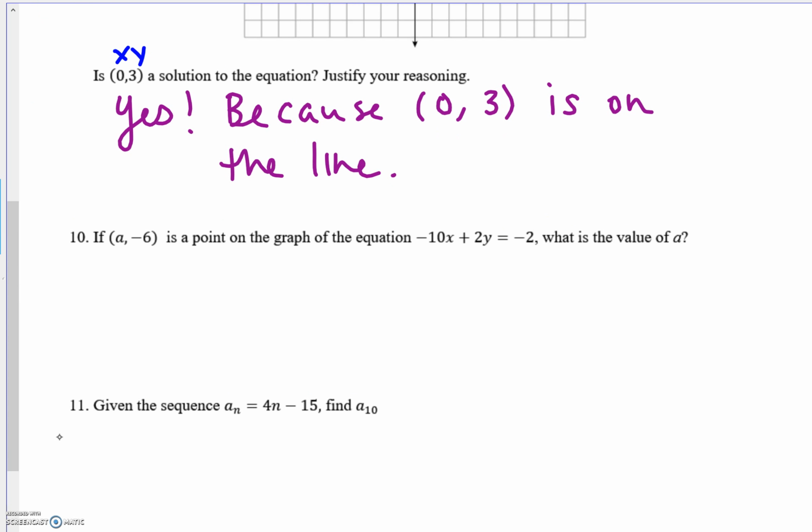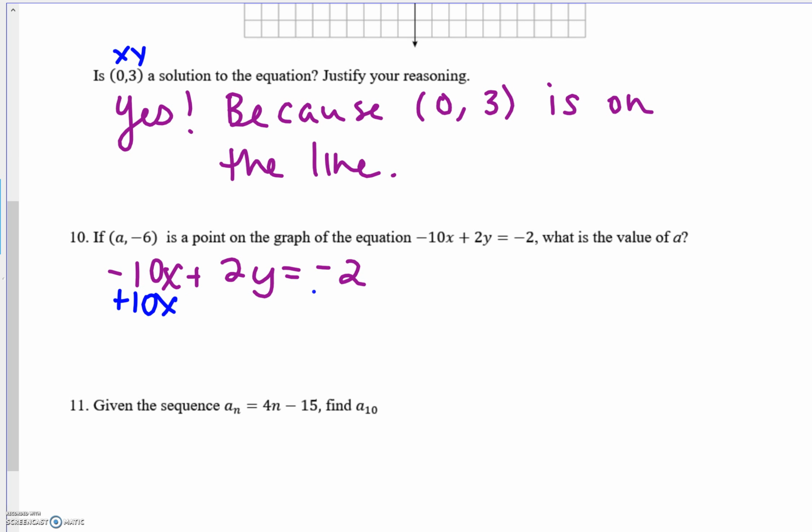Number 10, if (a, -6) is a point on the graph of the equation negative 10x plus 2y equals negative 2, what is the value of a? We have an equation, we're looking for a point. So if we have the equation, we're going to use our y equals button. First, we need to rearrange it.